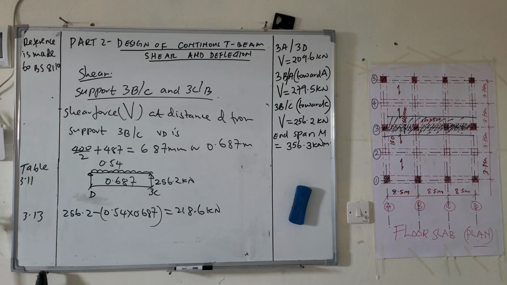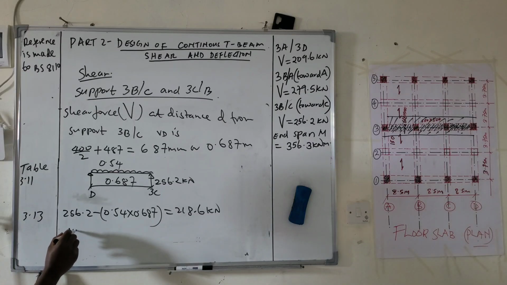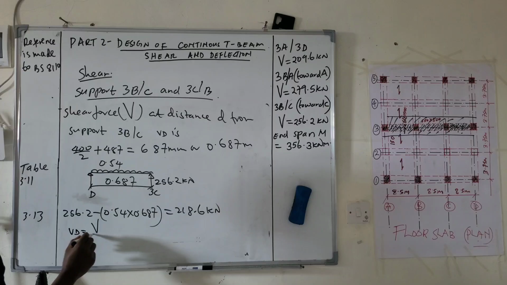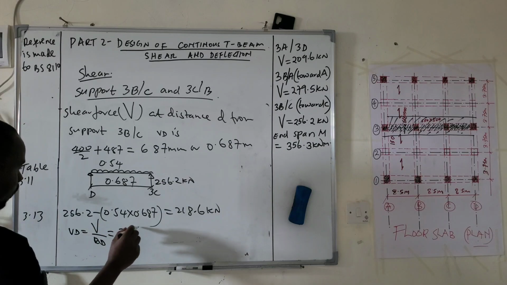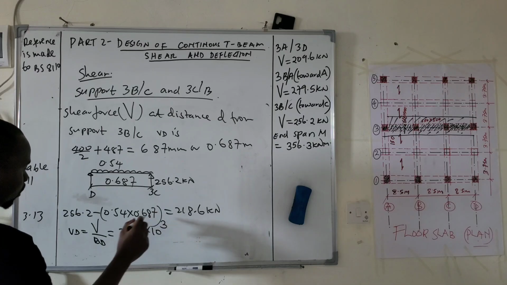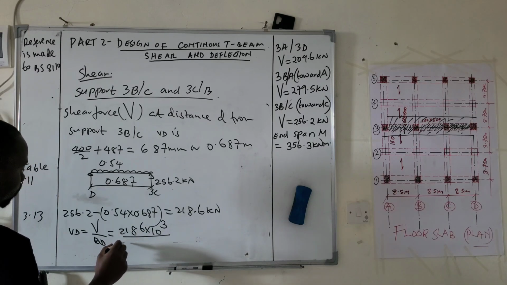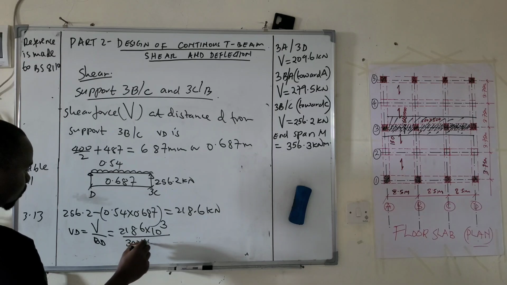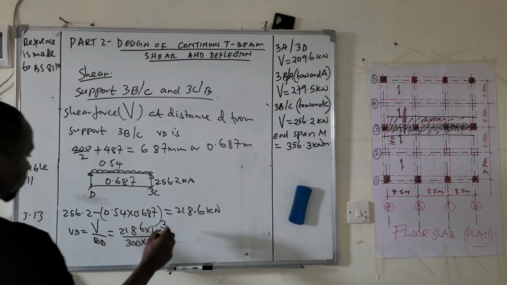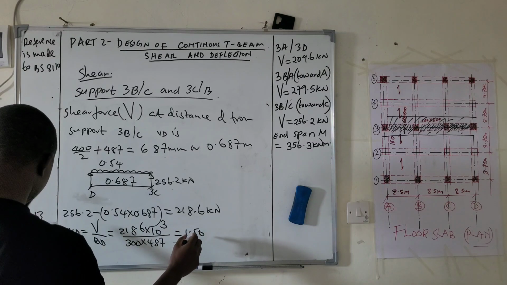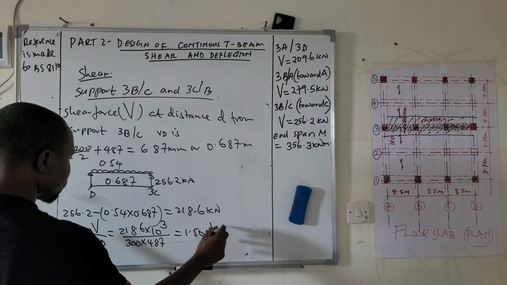So our shear stress, which is v at d, is equal to V over bd. So V is 218.6 times 10 raised to power 3 over b 300 times 487. So this one is equal to 1.50 Newton per millimeter square.